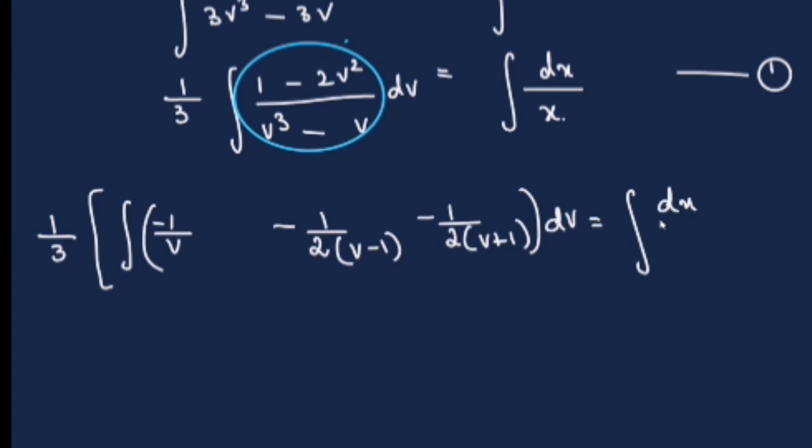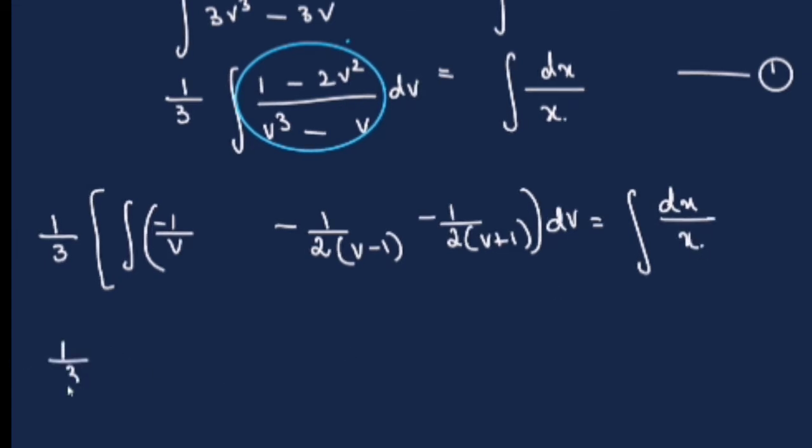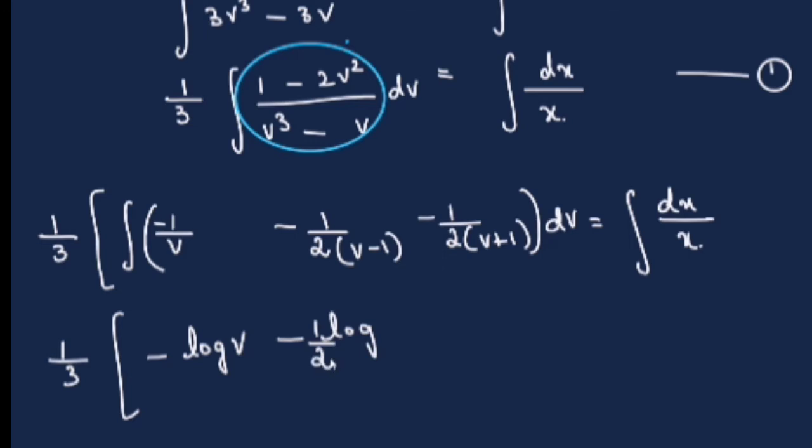And this side is integral of dx by x. So this is now 1 by 3. Integration of minus 1 by v is minus log v. Minus 1 by 2 is minus 1 by 2 log (v minus 1).